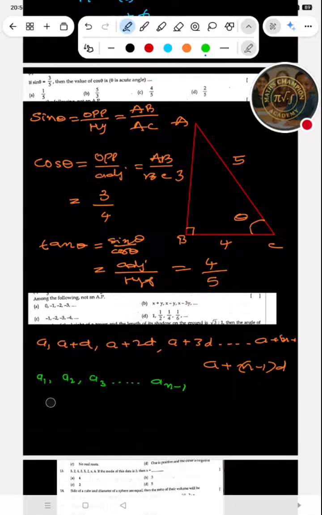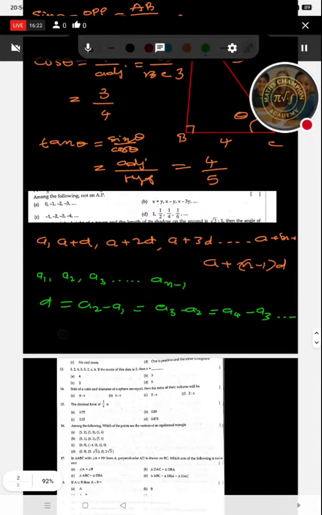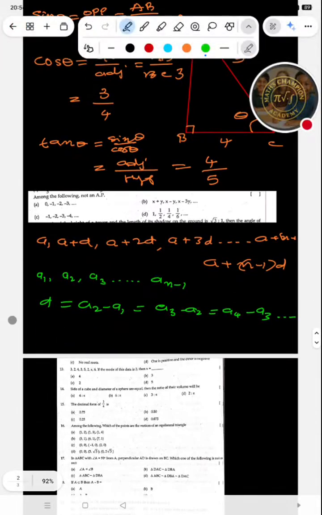Here the fixed difference is D. That is A2 minus A1 is equal to A3 minus A2 is equal to A4 minus A3 and so on. To identify any one, you have to do the difference. You can do all the options here.